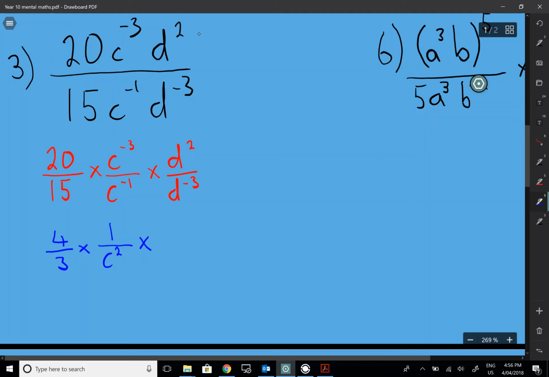Because I get an answer of positive 5, d to the 5 on 1. Then I just do my multiplication across. So 4 times 1 times d to the 5 equals 4d to the 5. 3 times c squared times by 1, 3c squared. And that is my final answer just there.